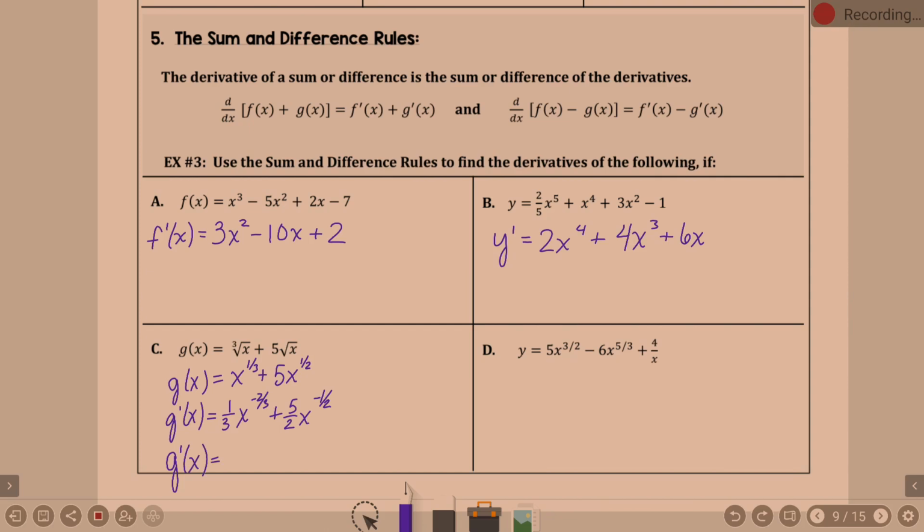So what are you saying on the first one? 1 over 3x to the 2/3, plus 5 over 2x to the 1/2. And I just have my answer like that. You could go radicals if you wanted to, but you don't necessarily have to.